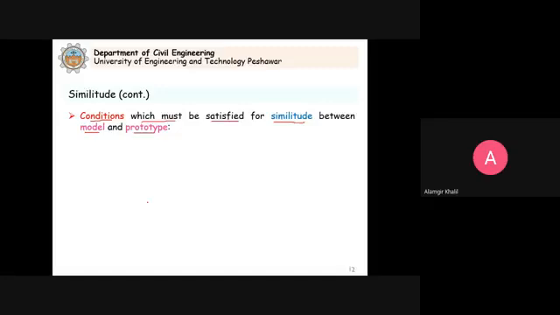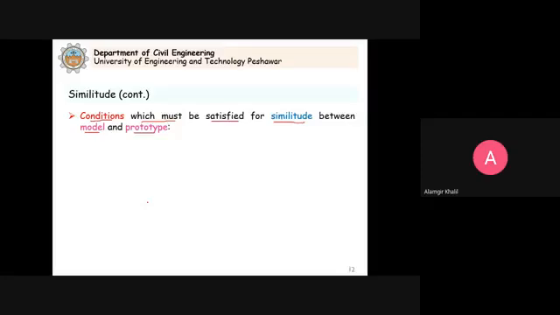Over the years, these model studies are extensively conducted in different areas of engineering in general to improve the design, to evaluate the performance of the prototype. We predict from the model results. So how do we do this now? Now that we want to develop models that can help us to predict the performance of the prototype, how do we do it?